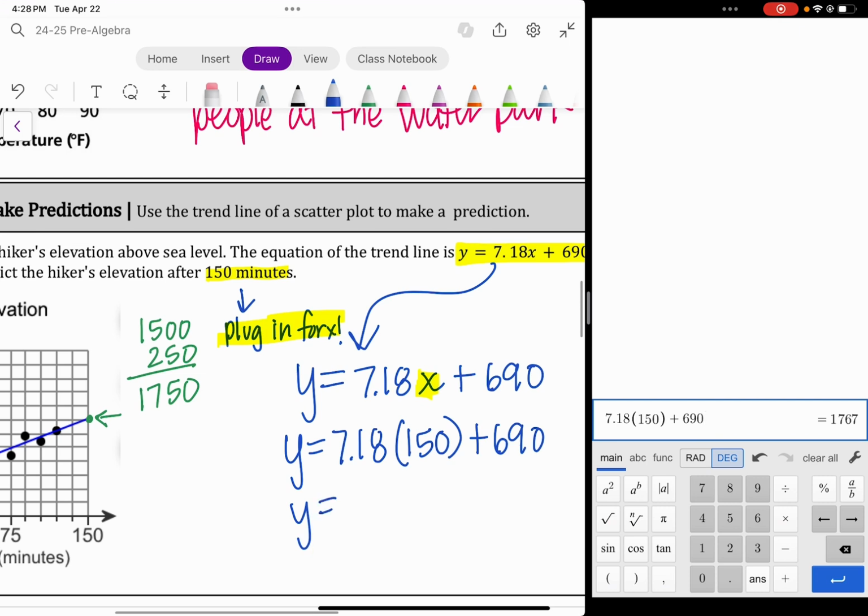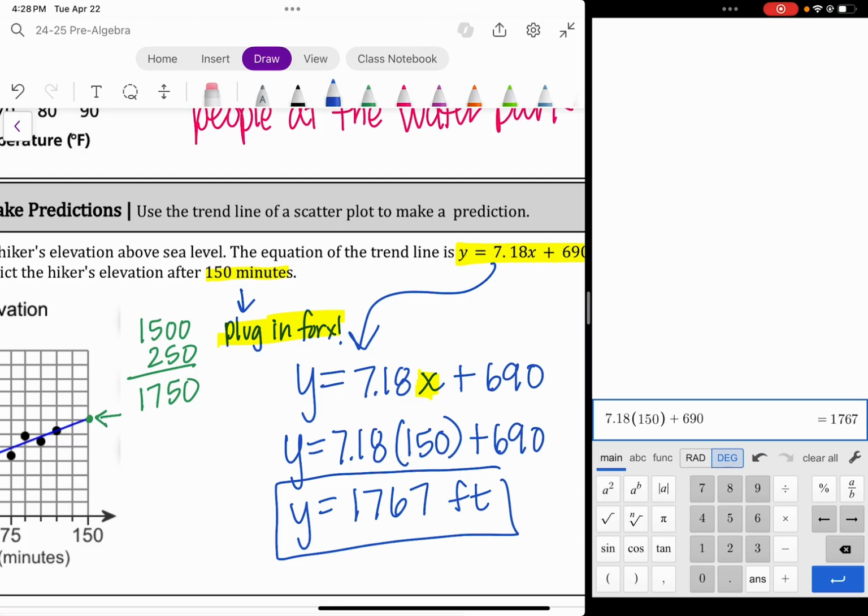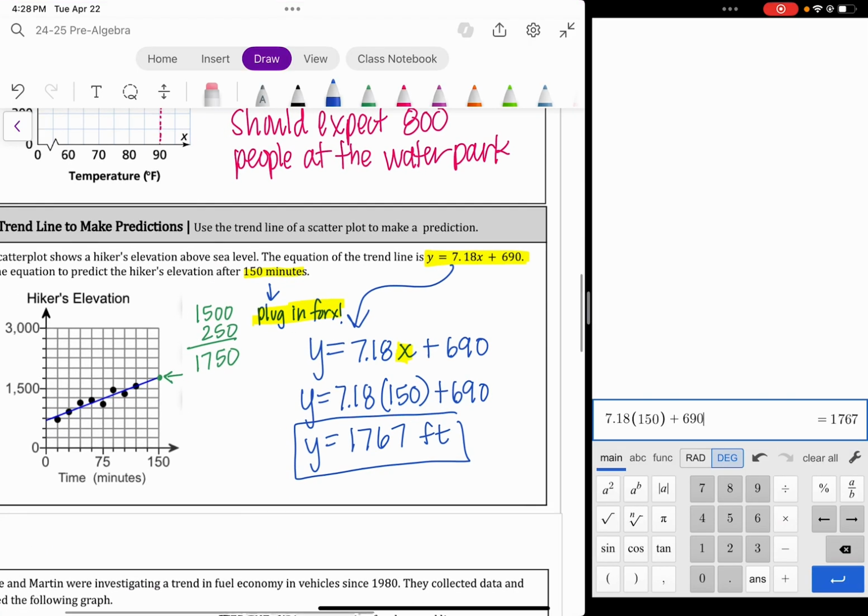So that's saying 1767. So that's going to be 1,767 feet. So looking at the box, that was a rough estimate, but we want our exact one when we use the equation.